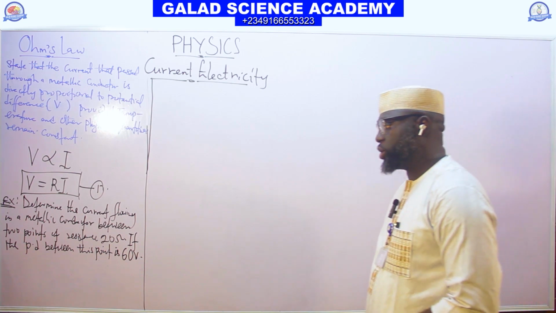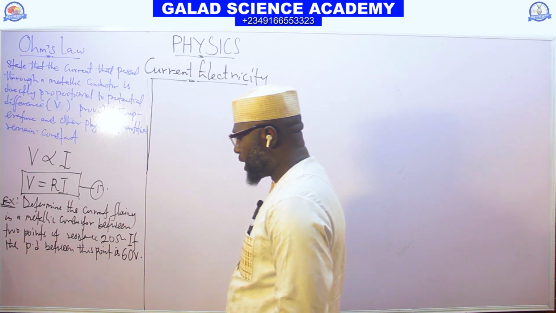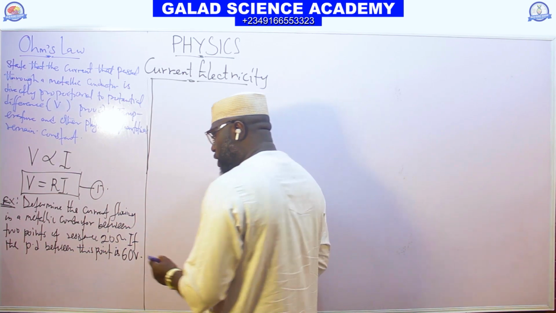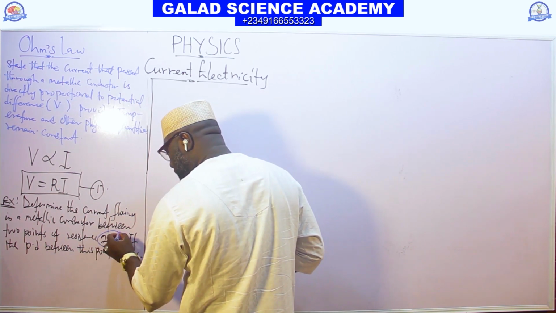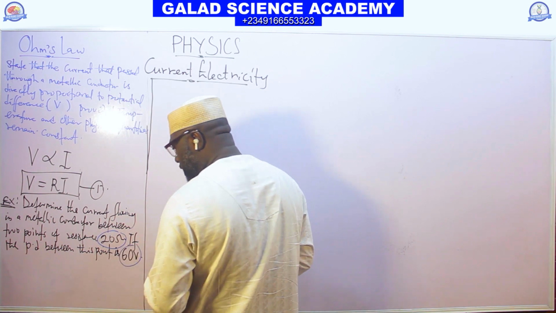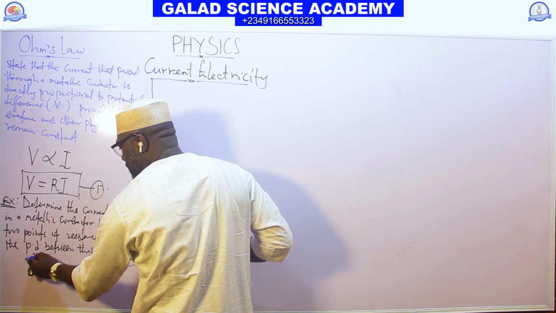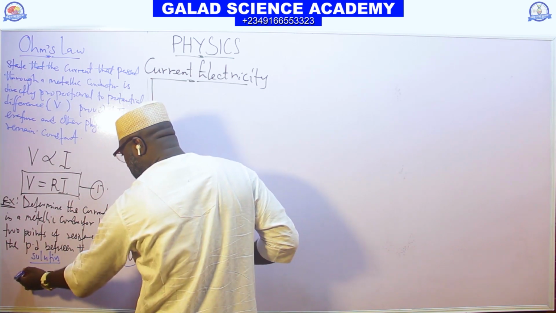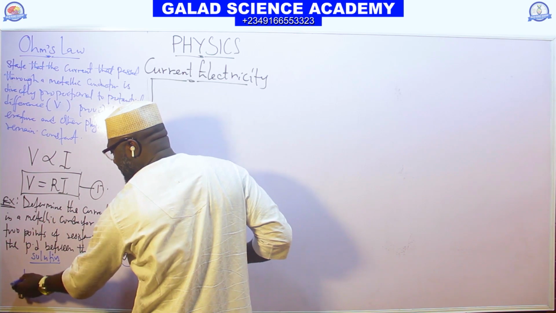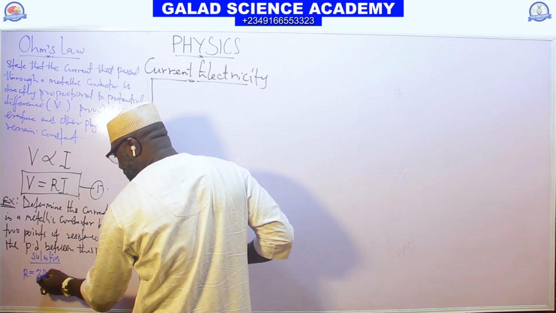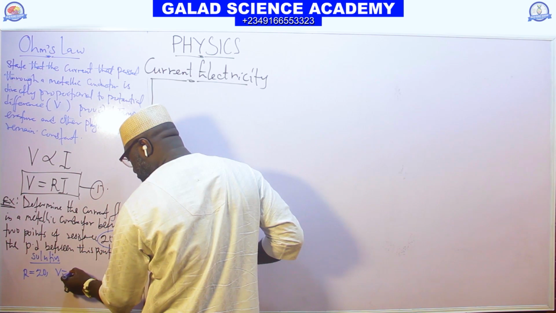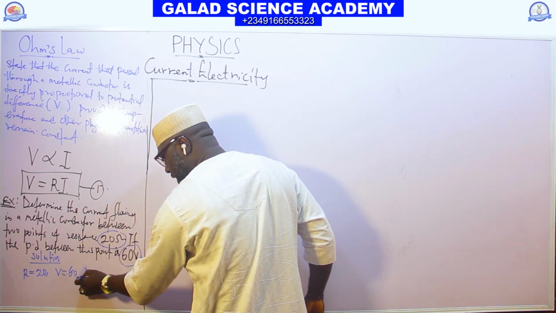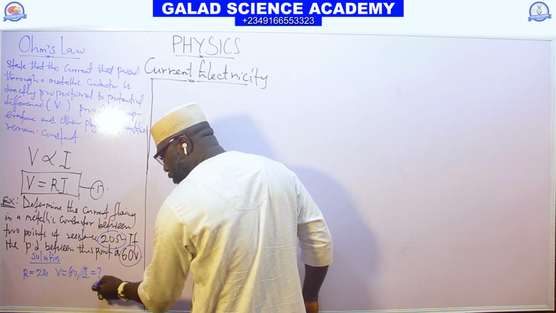Look at this question. You are asked to find the current. The resistance given is 20 ohms, and the voltage given is 60 volts, but the current I is unknown.